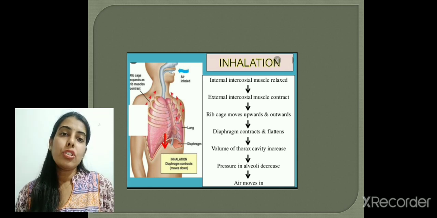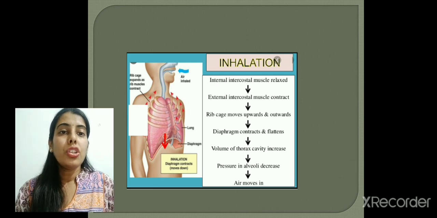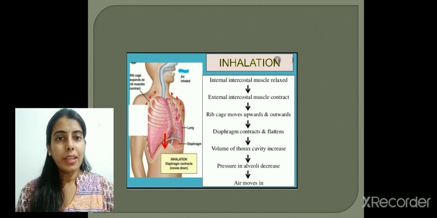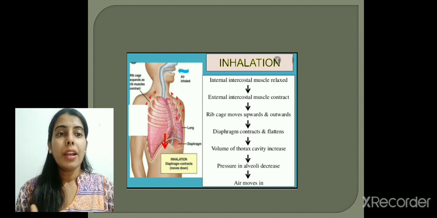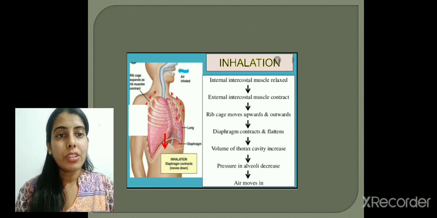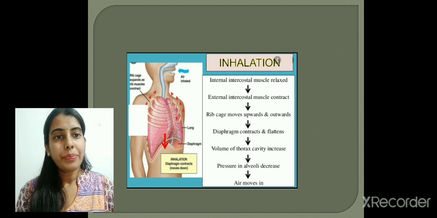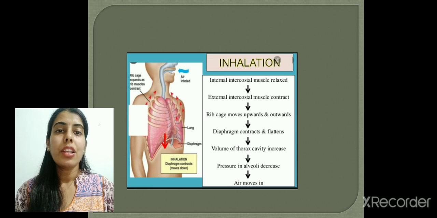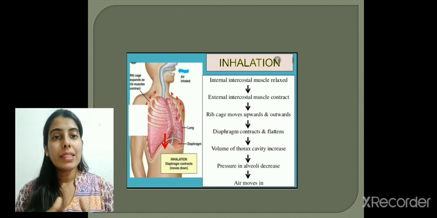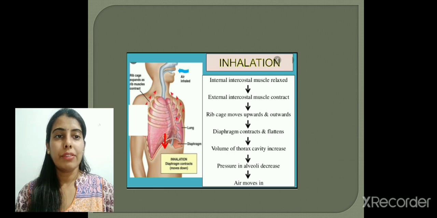Now what happens during inhalation? During inhalation, we want more air to enter, so the volume of the thoracic cavity should be increased. To increase that, the diaphragm contracts and moves down to increase the space of the thoracic cavity.